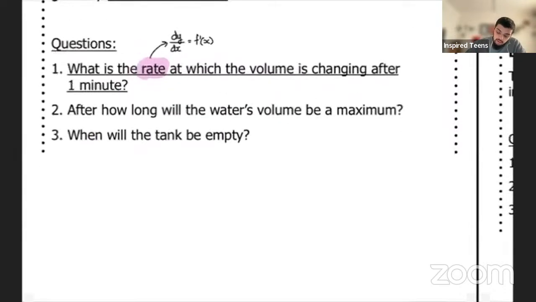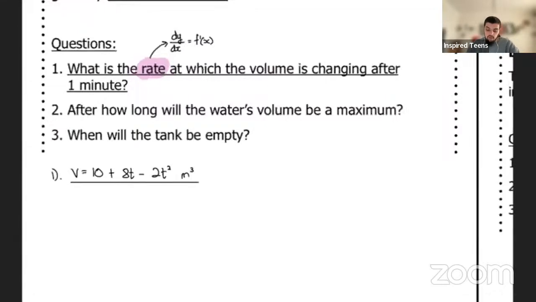So again, you want to solve for rate, you derive. So volume is equal to 10 plus 8t, minus 2t squared, meters cubed. This is volume.